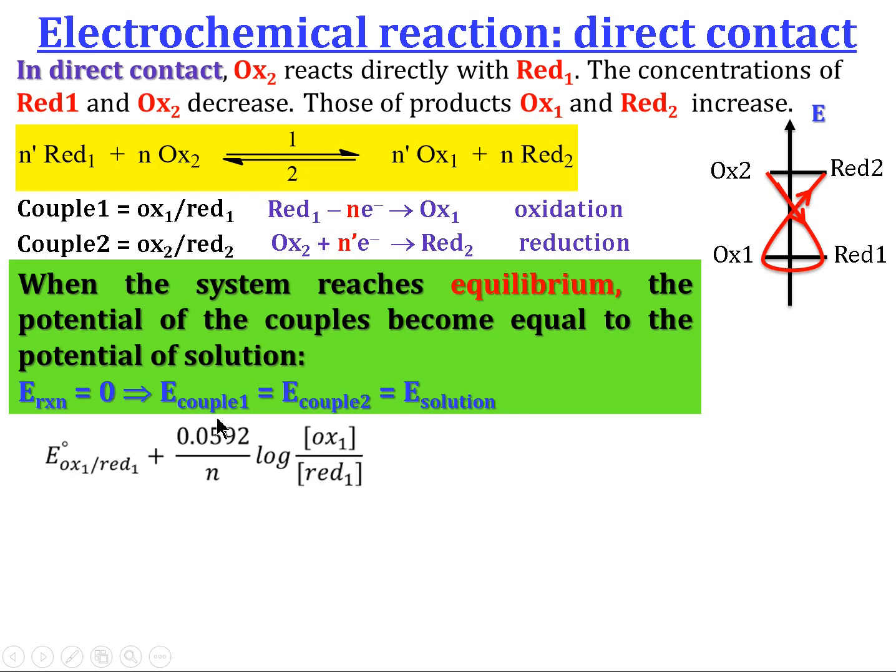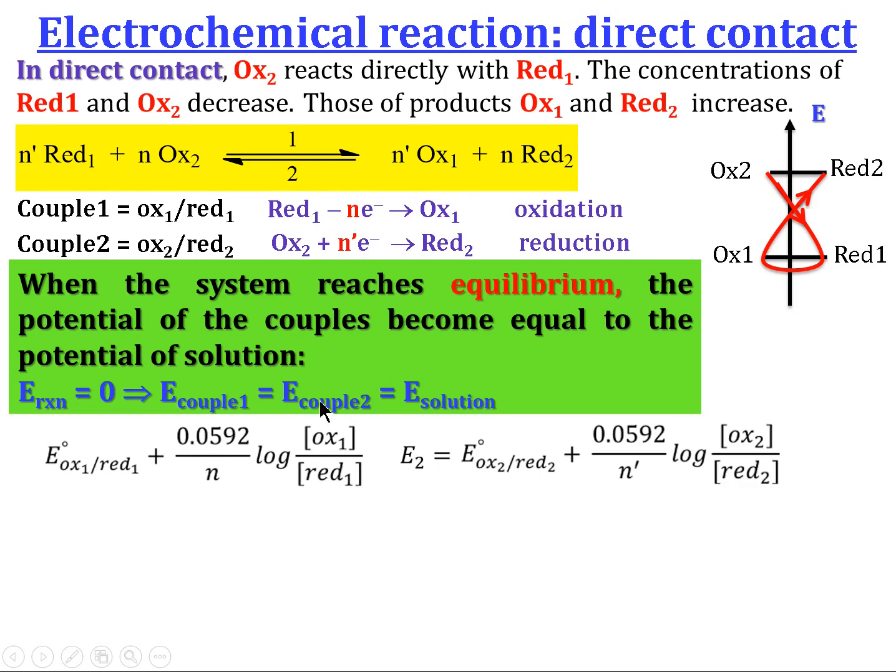According to the Nernst equation, E of couple 1 equals E0 Ox1/Red1 plus 0.0592 divided by the number of electrons exchanged in the couple, so divided by n, log concentration of Ox1 divided by Red1.